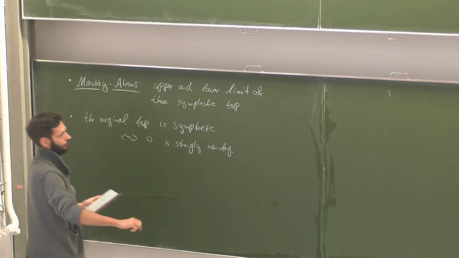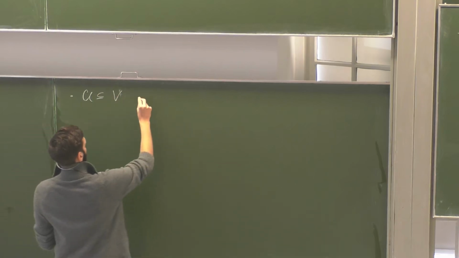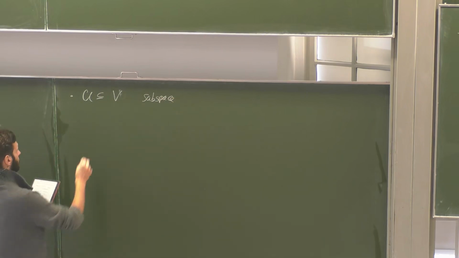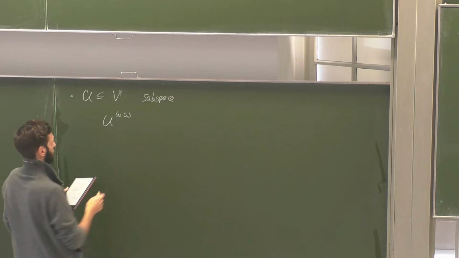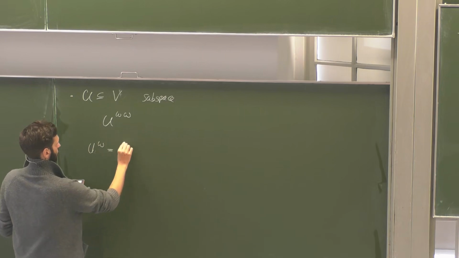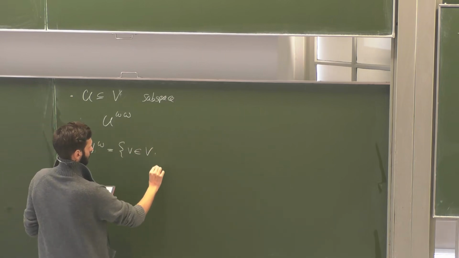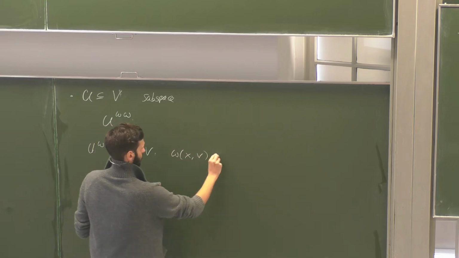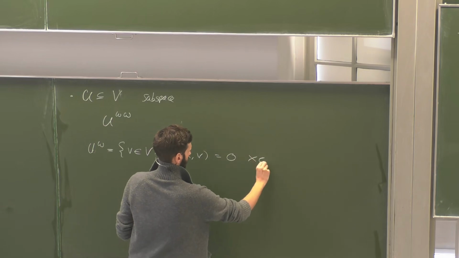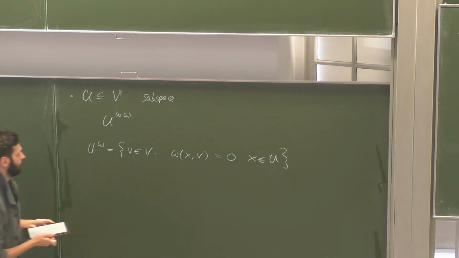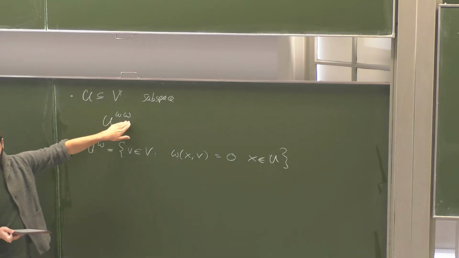One example where you can see that is the following: if you have U in V, some subset or subspace, then we can form the symplectic orthogonal. The symplectic orthogonal is all vectors in V such that if you pair them with something in the subspace U, you get 0. Then you can do that twice.